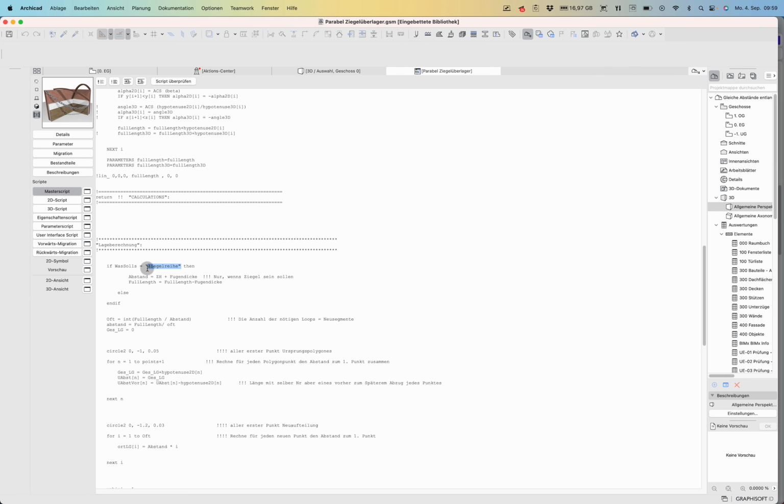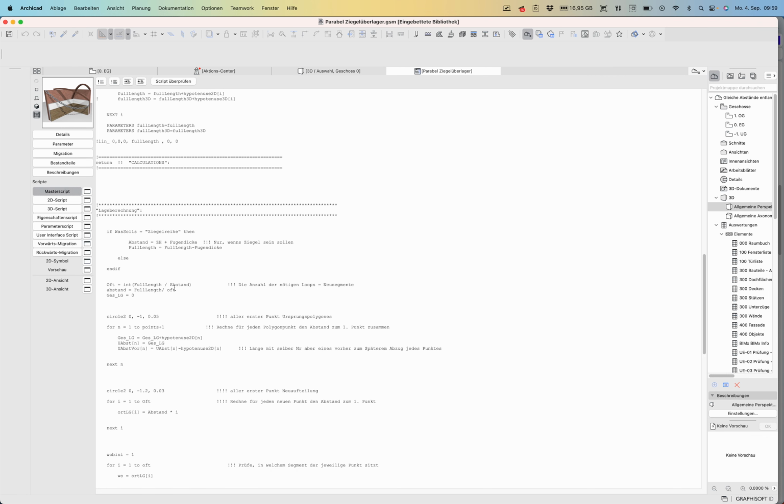For the bricks, I just took the broadness of the bricks and the mortar, and then full length without one mortar part, and then integer how often of the full length with this calculated, and then calculate this distance new, so that it always suits the full length.